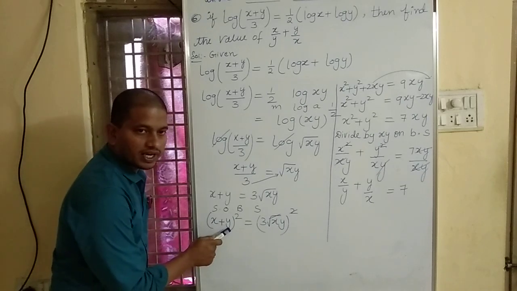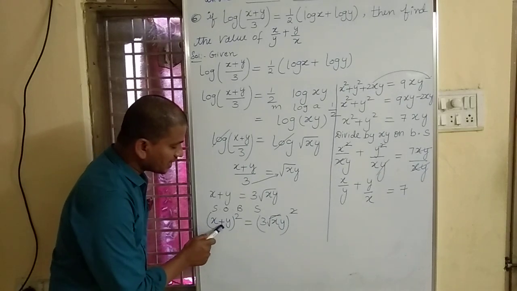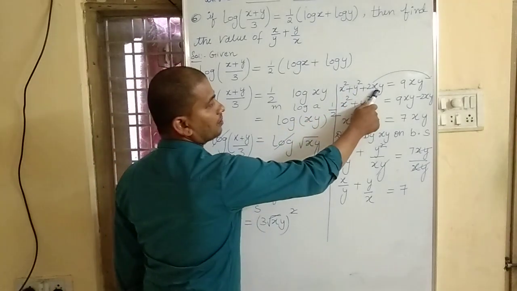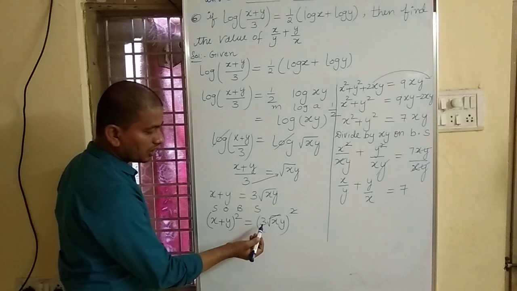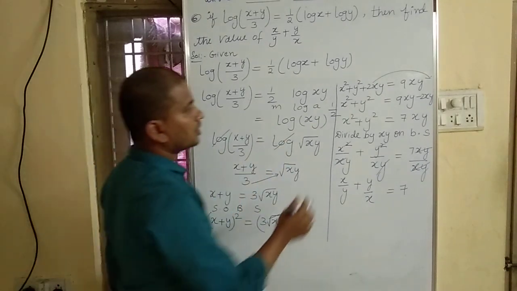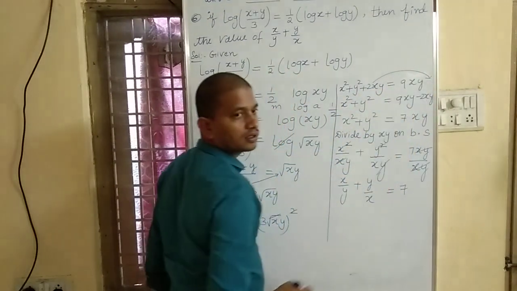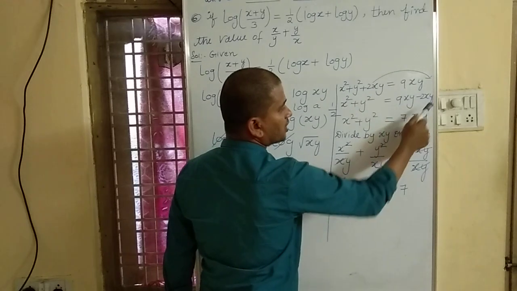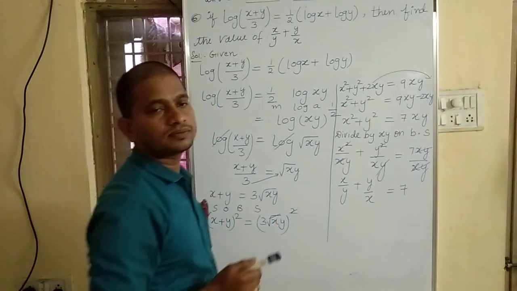x plus y whole square, which is in the form of a plus b whole square, a square plus b square plus 2ab, is equal to 3 square, that is 9xy. Now I transpose 2xy, that is minus 2xy: 9xy minus 2xy is 7xy.